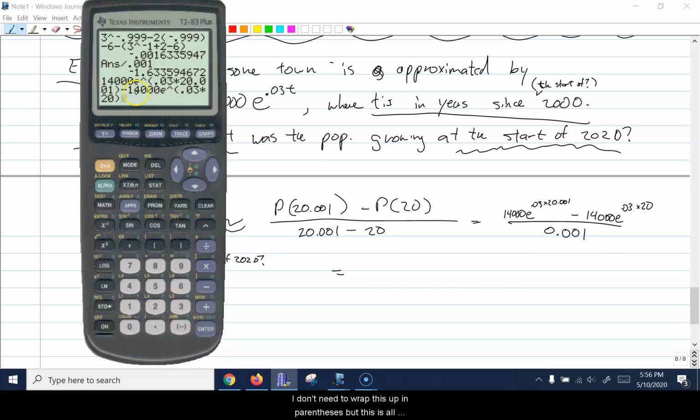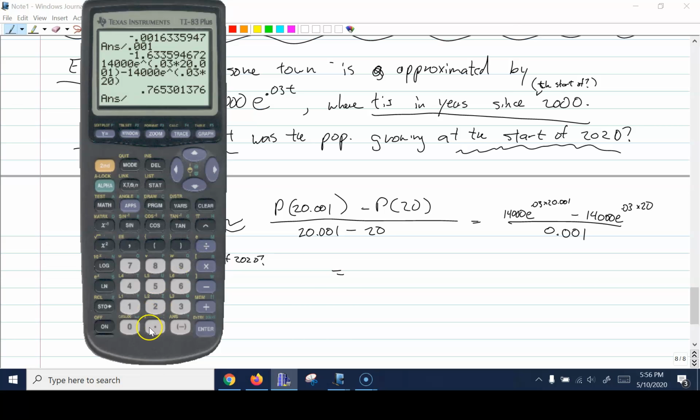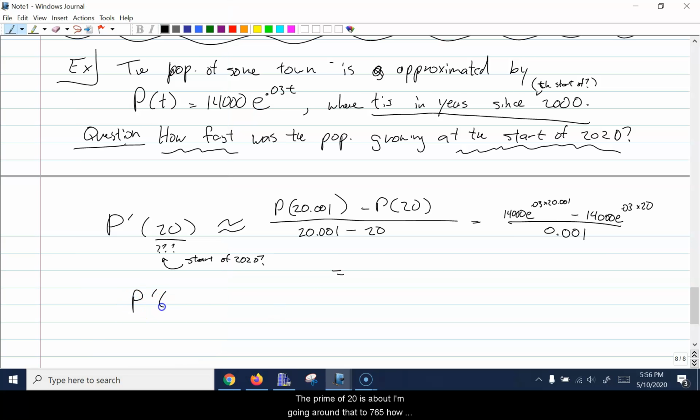I don't need to wrap this up in parentheses because this is all one thing. There's not multiple things added together. And now divide that by 0.001. And I get an answer of 765.3. P prime of 20 is about, I'm going to round that to 765.